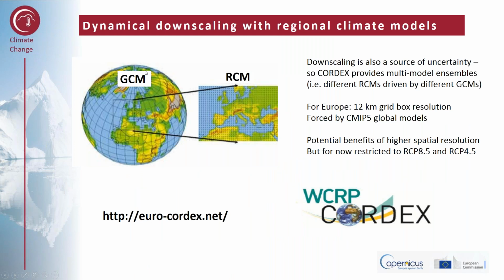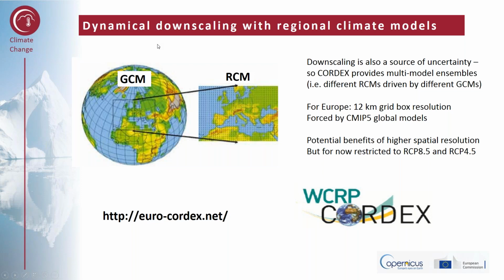Now the projections I showed you on the previous page all come from global climate models, which have a relatively coarse spatial resolution. Each grid box is a few hundreds of kilometers. So for ECEM, we use dynamical downscaling to try and gain some added value by going to higher spatial resolution.